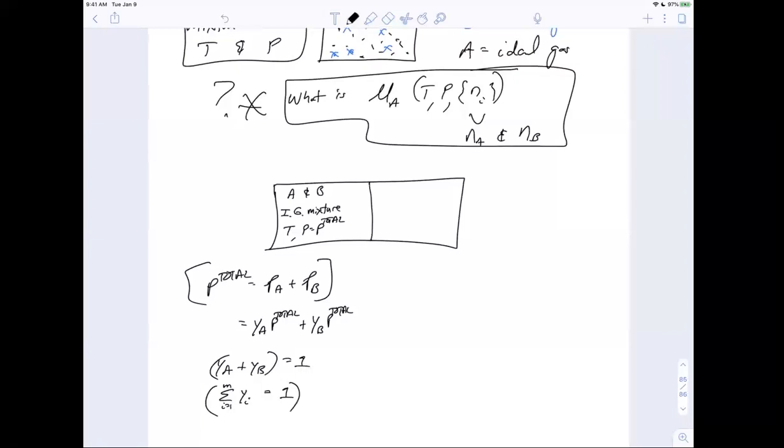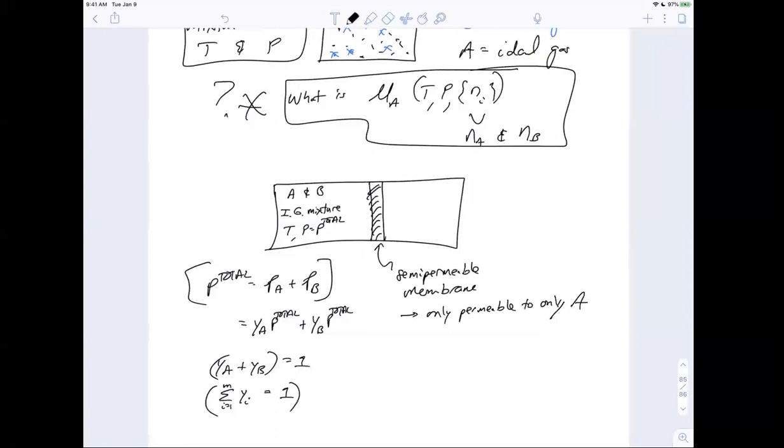Now in the system, let's go back to that. What we're going to have separating the left-hand side from the right-hand side is a semi-permeable membrane, and this membrane is only permeable to A. That means B is blocked.